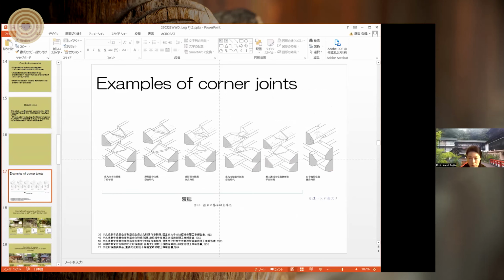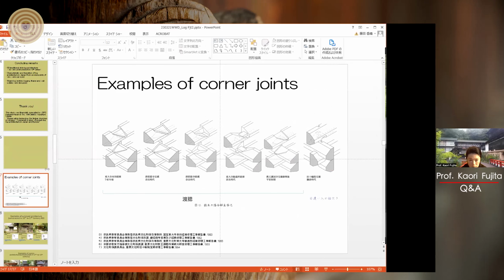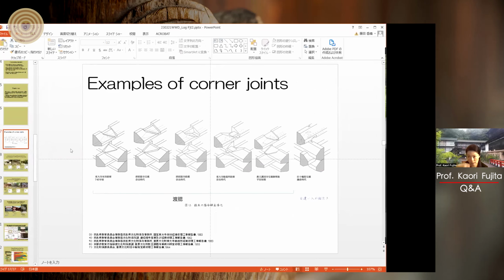Basically, Japanese traditional joints are made only by connecting with cuts, grooves and pegs. And these are the joints that we could identify, because when the buildings are finished, we cannot see the joints. So only for the buildings which were dismantled and repaired, we have documents of the joints.